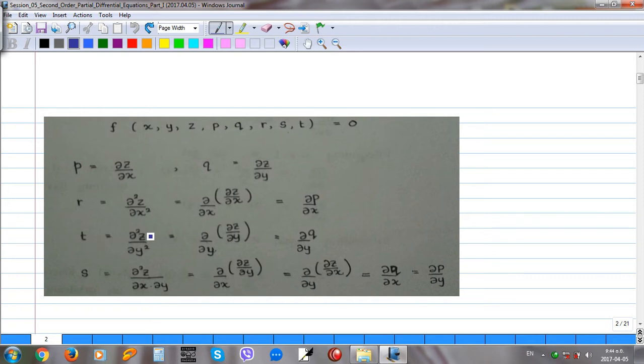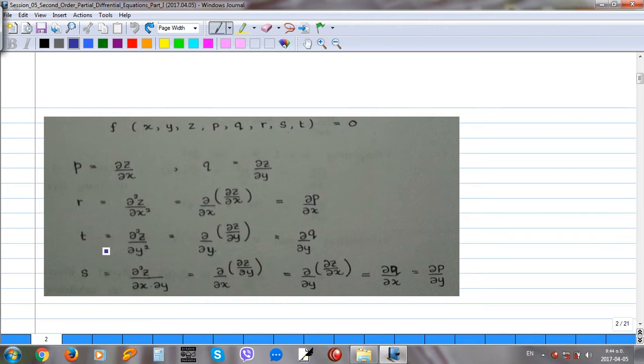And T equals ∂²z over ∂y². You can write this as ∂ over ∂y times ∂z over ∂y, but ∂z over ∂y is Q.